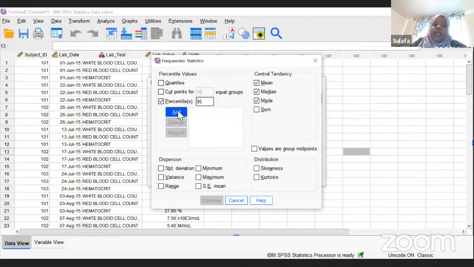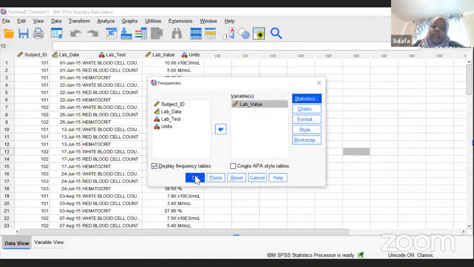Then I will press Add, and I will press Continue. Also, we can choose, for example, standard deviation, variance, whatever you think will help you in your analysis, the skewness also. Continue, and when this appears again, we will select OK.